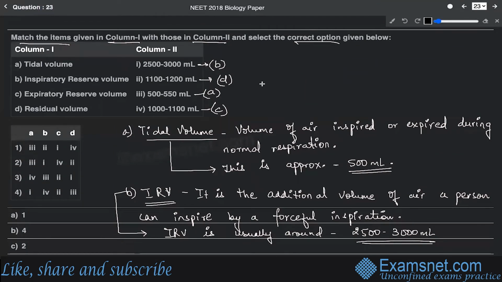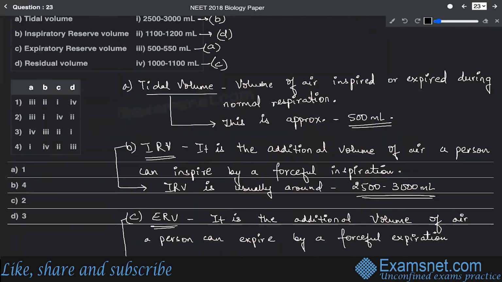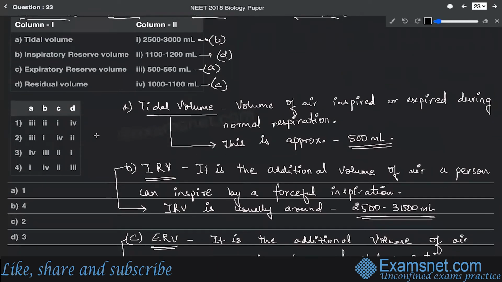So let us take a look at the different options given. A is going to match up with the third one. Then B is going to match up with the first. C is going to match up with the fourth, and D is going to match up with the second.